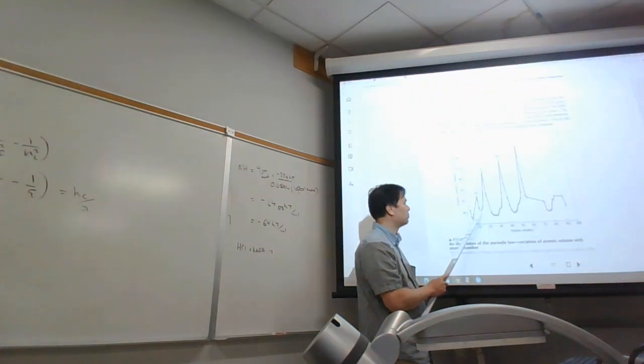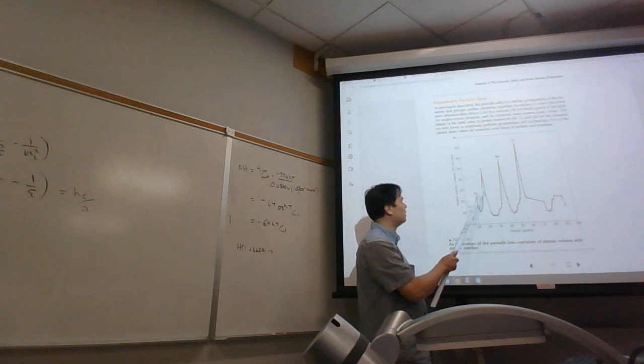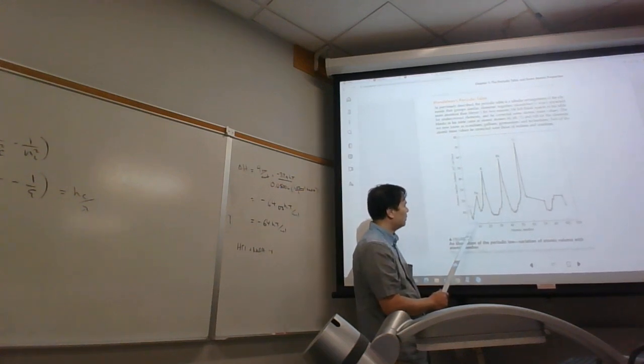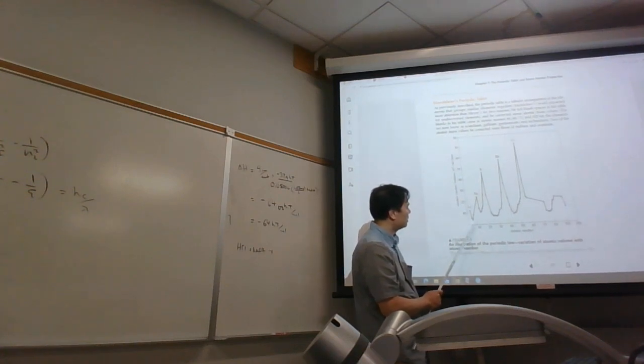But there are some weird blips here. The volume gets smaller and then goes up again, and then goes back here. And so where's the minimum of atomic volume? So this is lithium, then beryllium, then boron. So boron's at the bottom here.